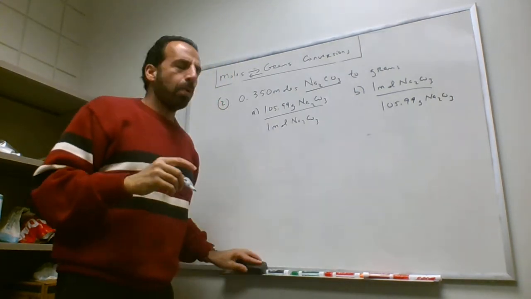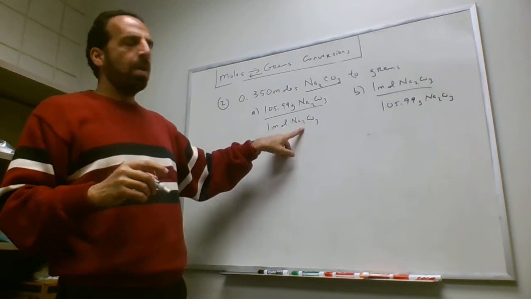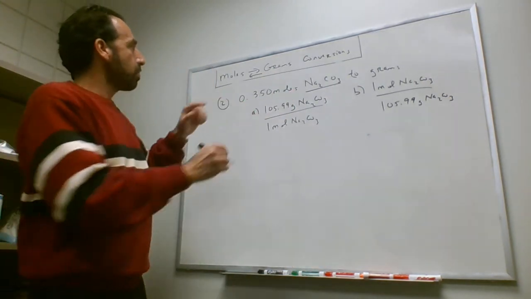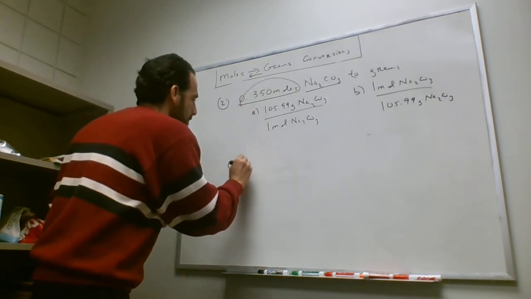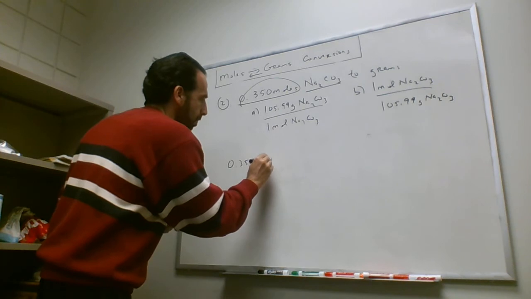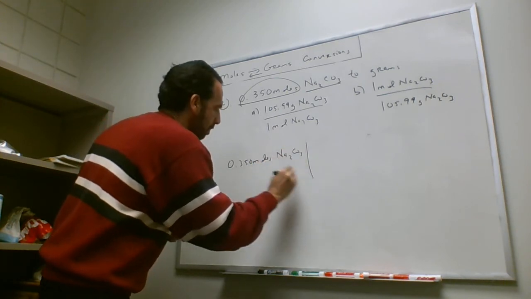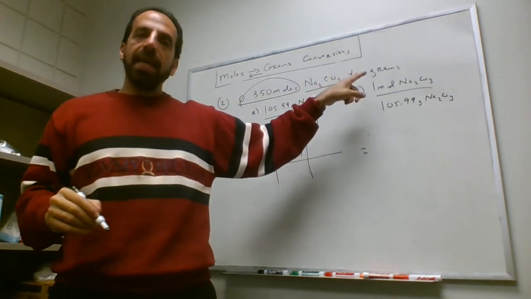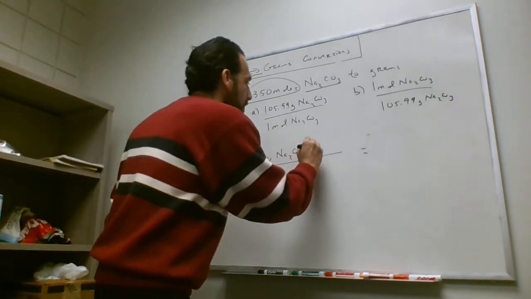So just like I did before, 105.99 grams of sodium carbonate over 1 mole of sodium carbonate, or the reverse. So again, we write down what's given. So again, it's always the original problem. I need to end up with grams, so I'm going to use that first unit factor.